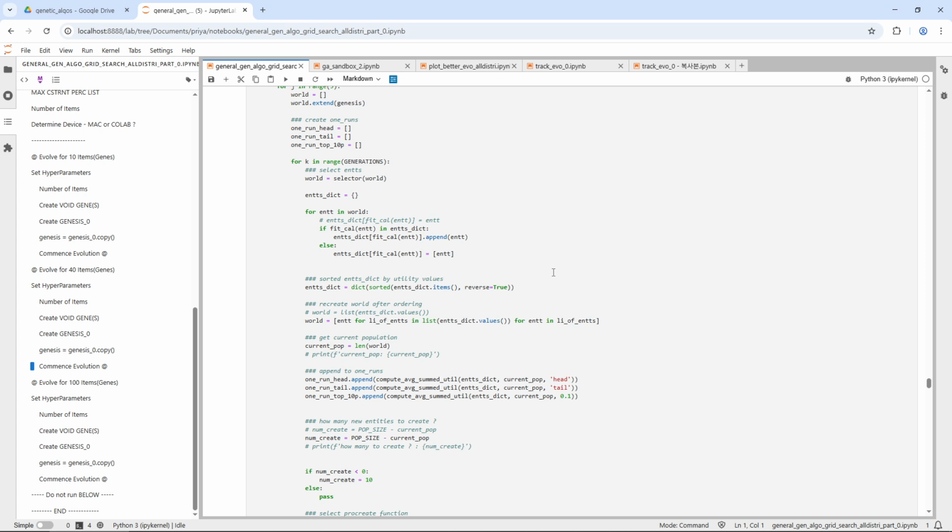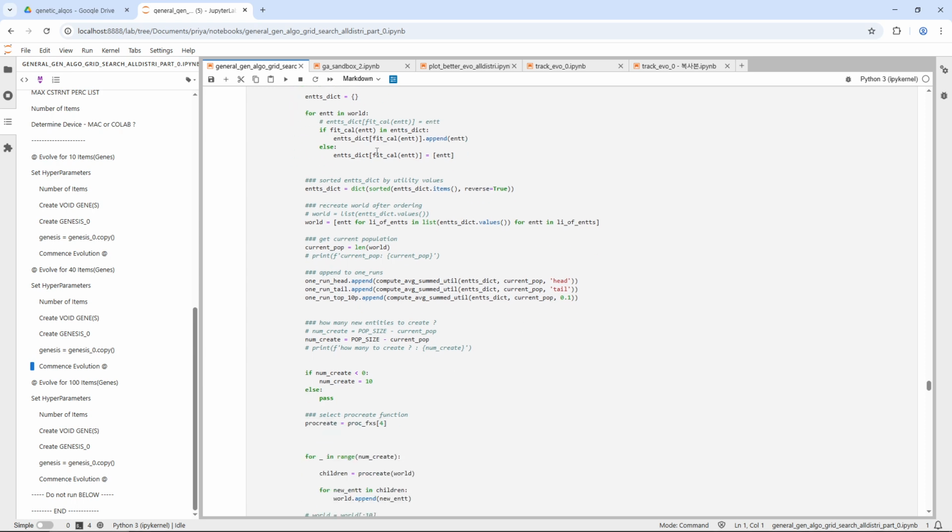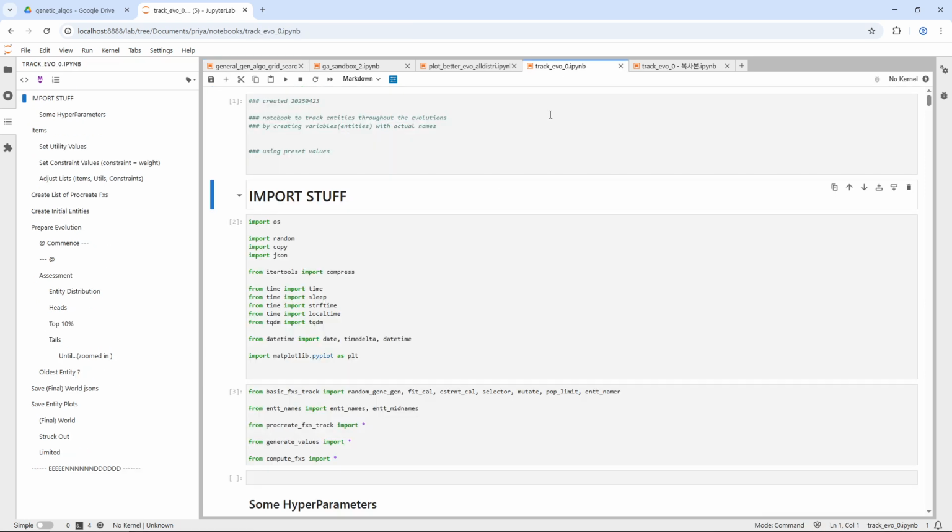It keeps a record of all the entities that have existed. It doesn't do it like this. Rather, it keeps track of everything.